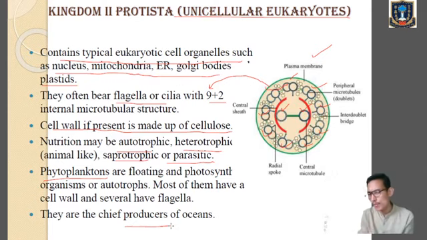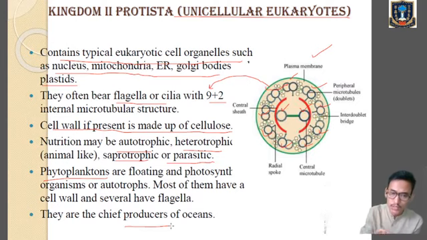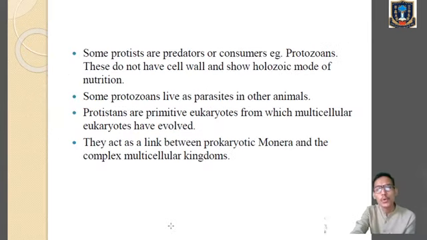We have discussed primary consumer, secondary consumer, and tertiary consumer, if you remember. We'll go through it afterwards. But remember, producers means those that produce the food materials. So autotrophs are the producers because they produce food by the process of photosynthesis. Therefore, phytoplanktons are the chief producers of the oceans.